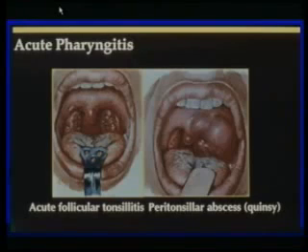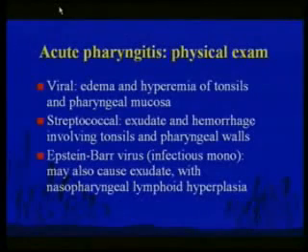And a problem, of course, is differentiating strep throat from viral pharyngitis. Viral, you tend to have just edema and redness. Strep, classically, pus, exudate, and hemorrhage. And one question that I like to ask on exams is that the mononucleosis can also cause an exudate and look like pus on the tonsils.